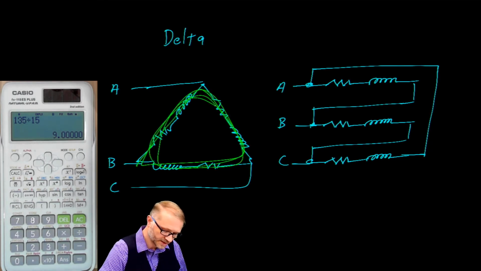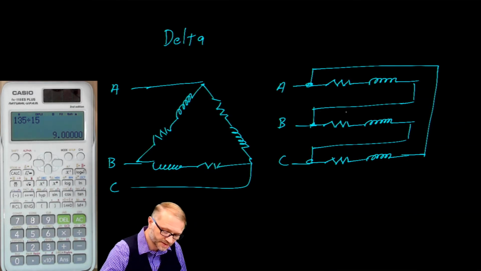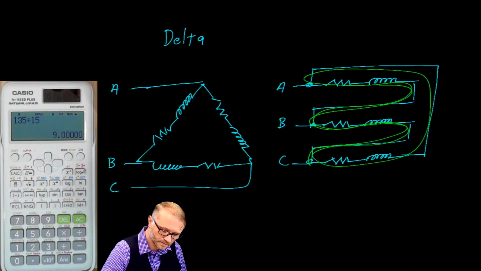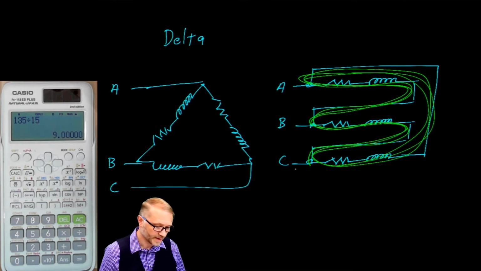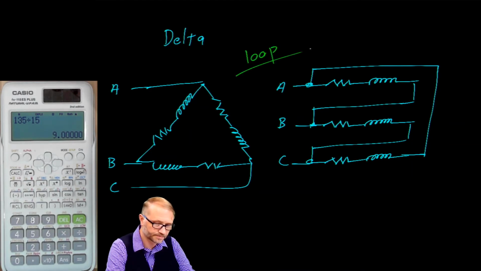We just go in a circle. With this one, the circle is still there. You just have to look for it. And that is one of the defining characteristics of a delta. We can talk about a loop.